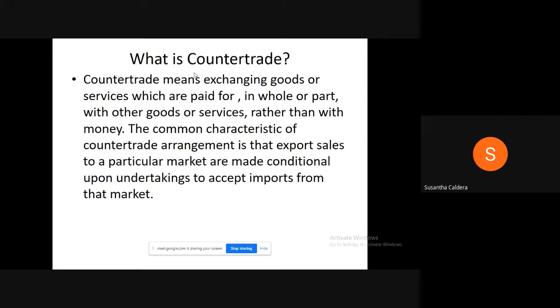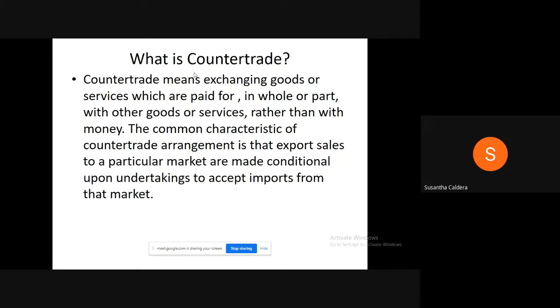The common characteristic of counter trade arrangements is that export sales to a particular market are made conditional upon undertaking to accept imports from that market, right? So I'll give you some examples. With that example, we can easily understand this concept, right?